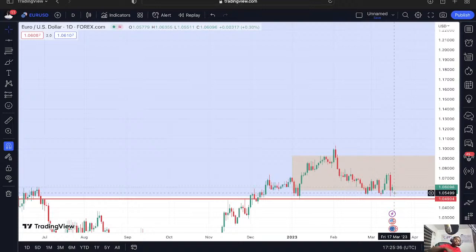The more you go lower into different time frames, the clearer the pictures you will see. These are very important to analyze and compare. It's called multiple time frame analysis.